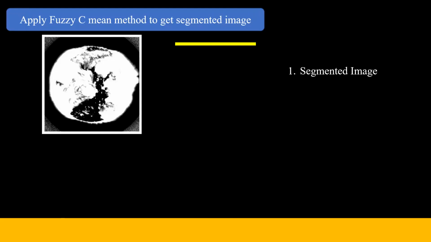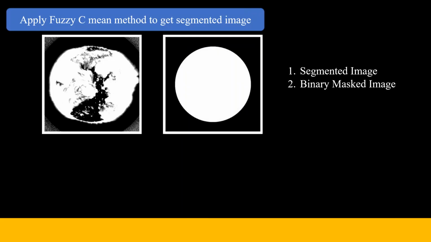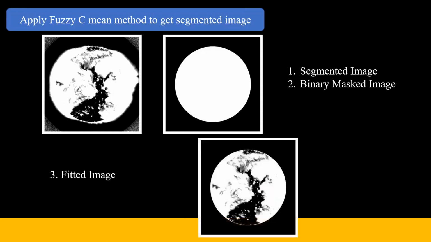As you can see here, there is a background, which will be present as noise. Then the solar limb is present, and other noise is also there. So what we did was generate a binary masked image, just a hole with the same pixel values. Then we take the difference of these two.